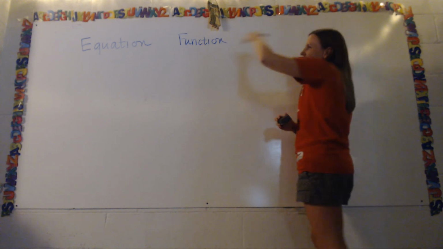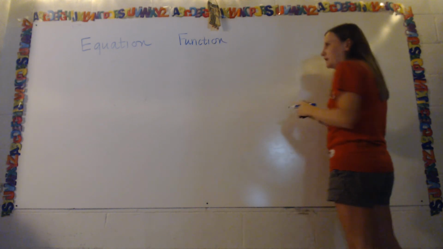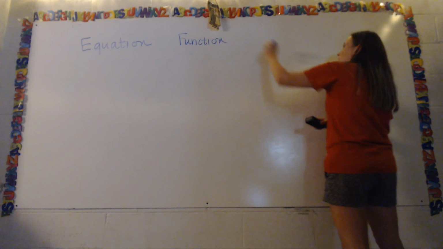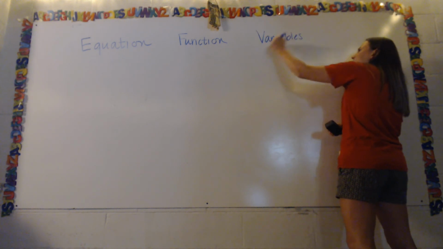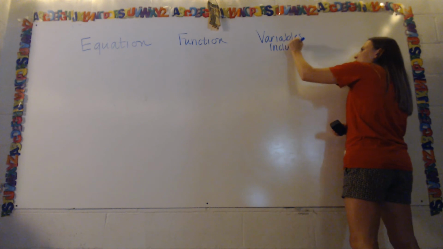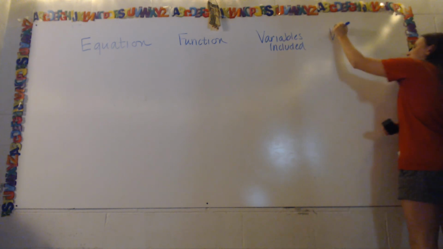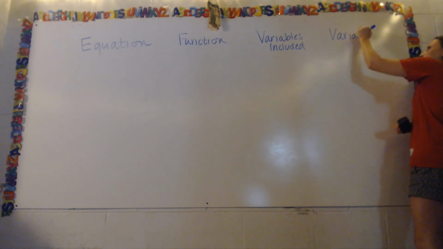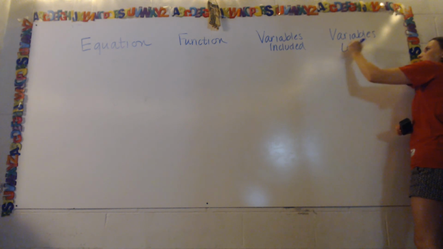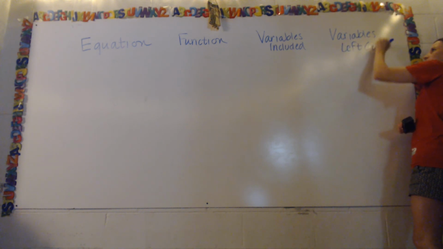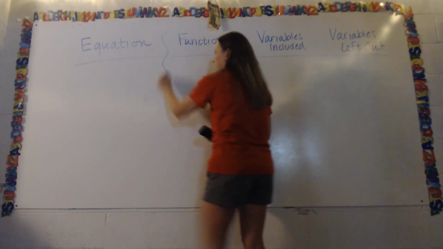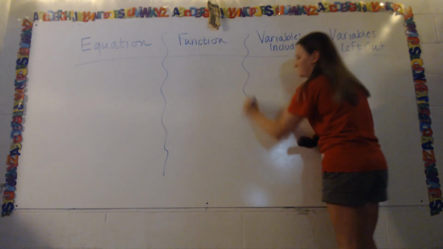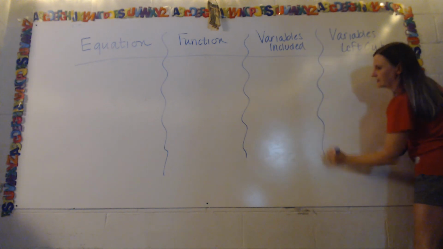And this is really just a humor. We don't really care about it that much in physics. And then variables included. And then variables left out. Hopefully, I've got the right word here. Okay, so there's my table. Clearly I'm super fancy with my board. Okay, so there we go.